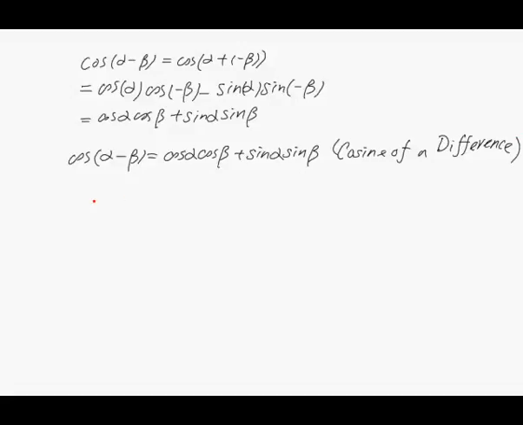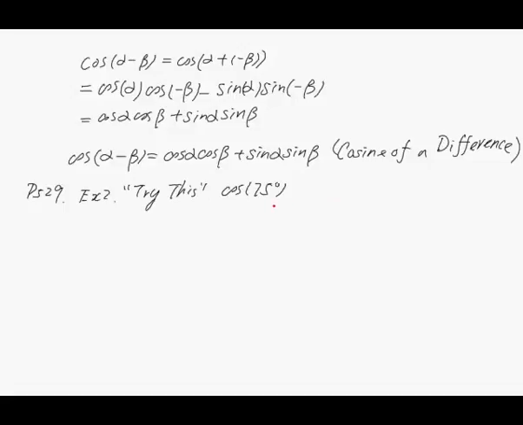Now let's look at page 529, example 2. Try this part. We need to find the exact value of the cosine of 75 degrees using this cosine of a difference.